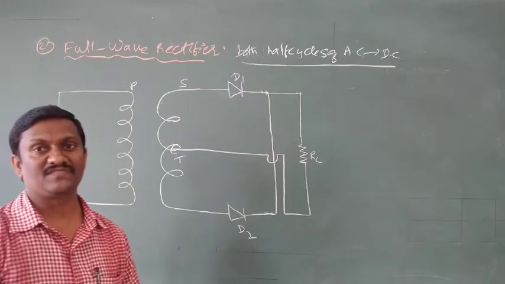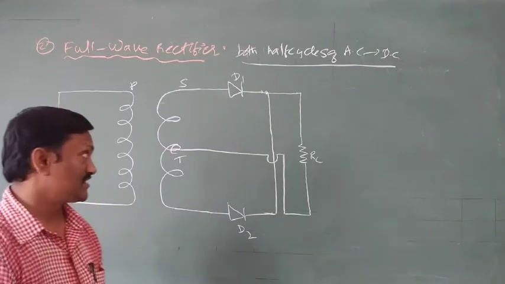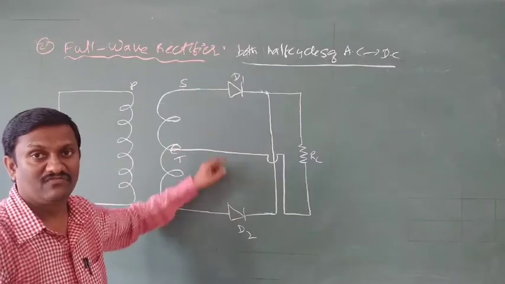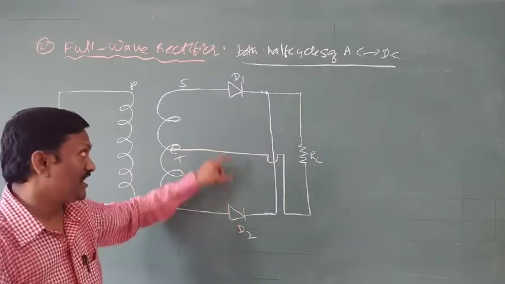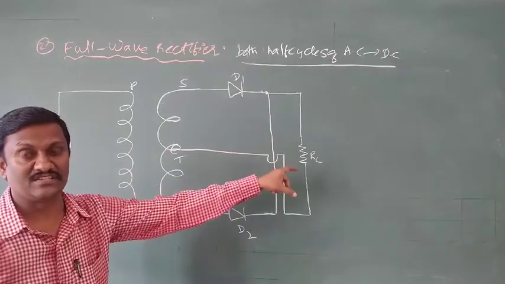What is the benefit of center tapping of the secondary coil? It divides the secondary coil into two parts, the first secondary coil and the second secondary coil. Assume one converts the positive half cycle into DC and the other converts the negative half cycle into DC.